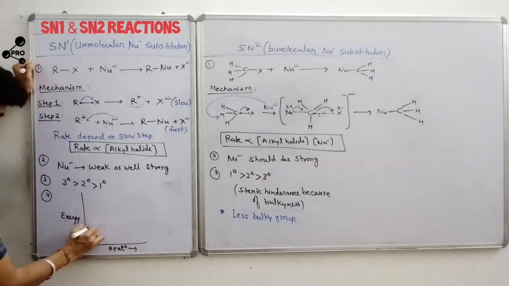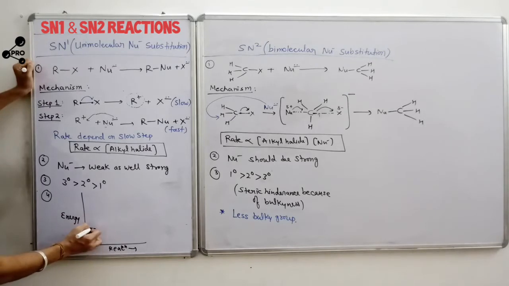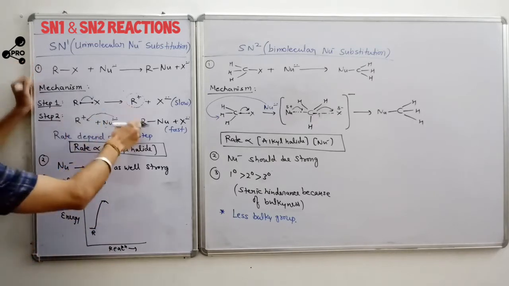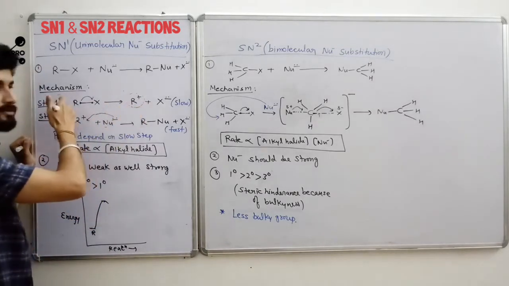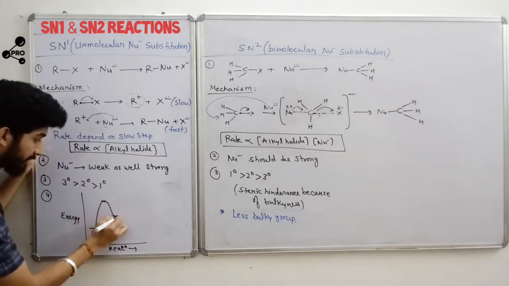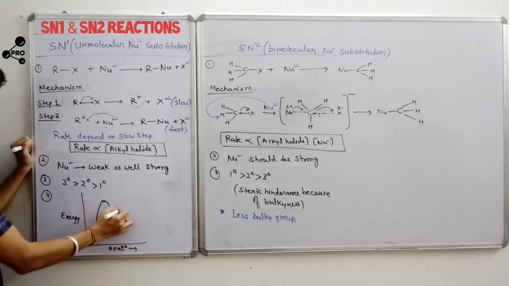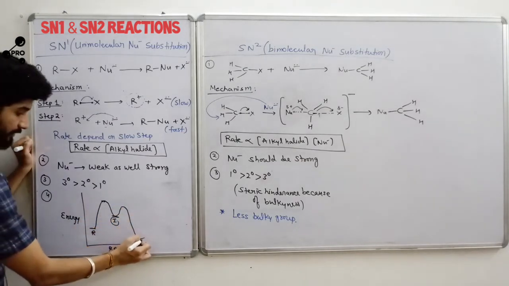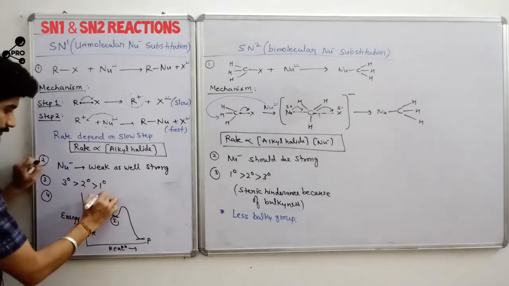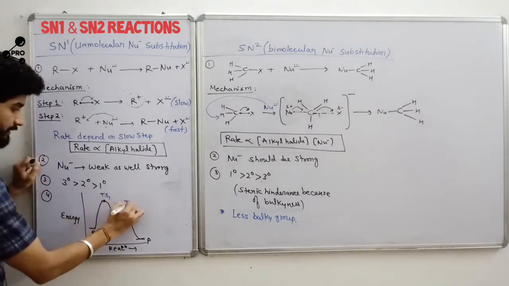There is a reactant. The reactant will go through two transition states, of course, because we are getting two steps. Through the first transition state we get the intermediate, and through the second transition state we get the product. This is transition state 1 and this is transition state 2.